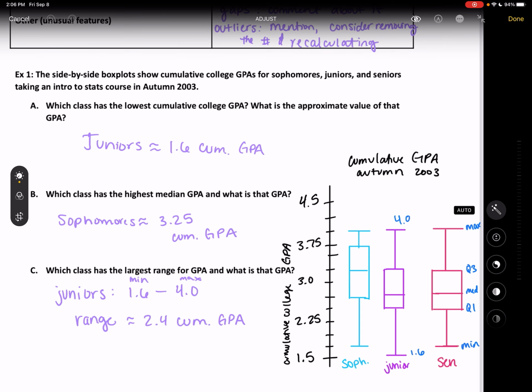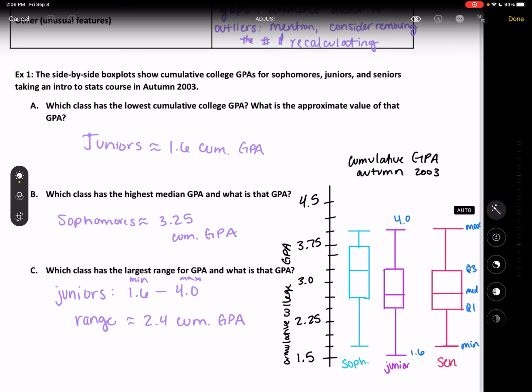Which class has the most symmetric set of GPAs and then which one is the most skewed? The most symmetric? Seniors. How do you determine that? It's pretty much the exact same thing you do with a histogram. This box is your middle 50% of the data, and if you have a pretty equal amount of whisker on each side, it's symmetric.